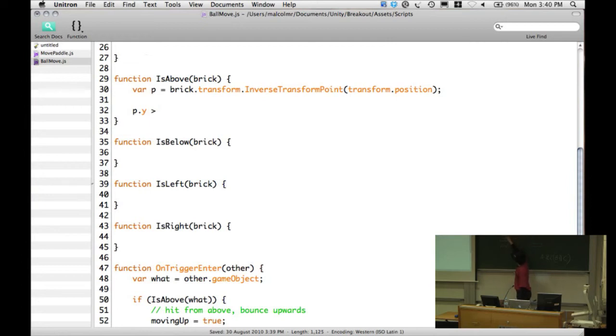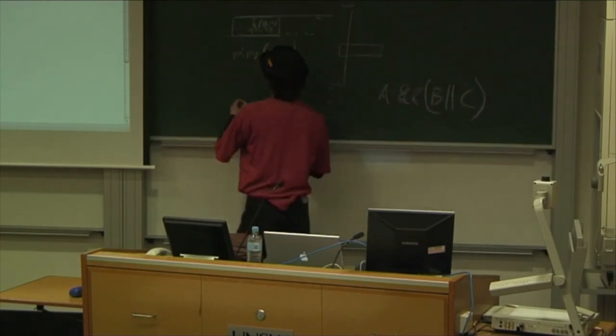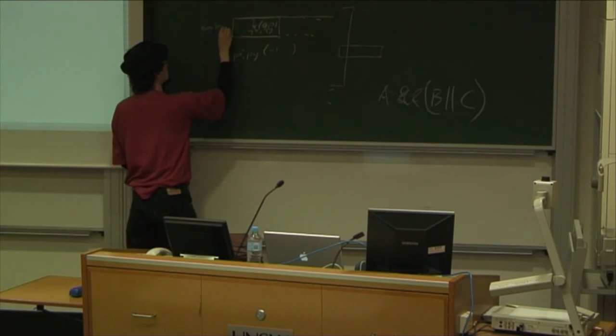And that line is this distance up, and that distance is half the height of the brick, which is half the y scale of the brick. This is the y scale of the brick.